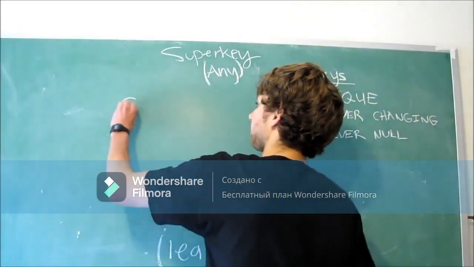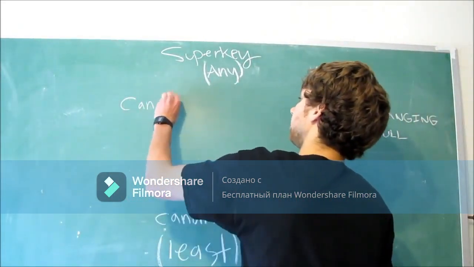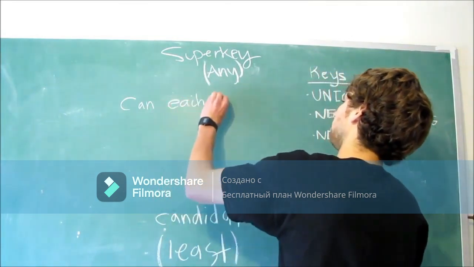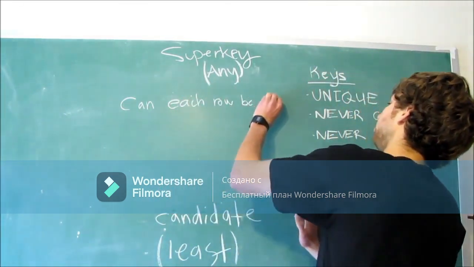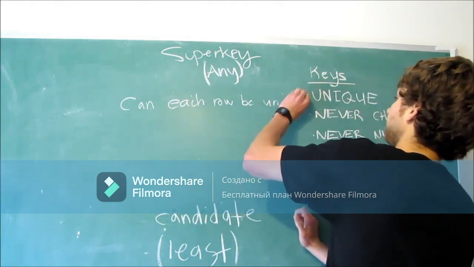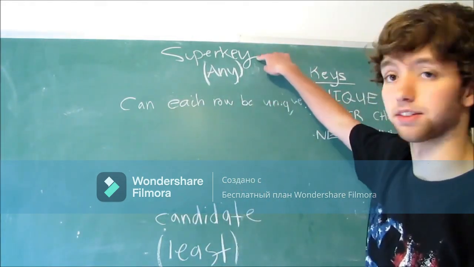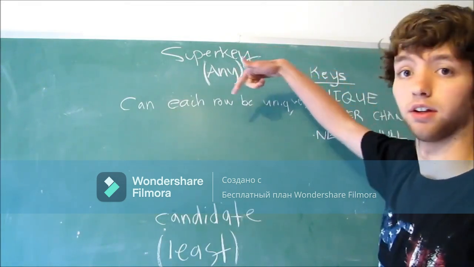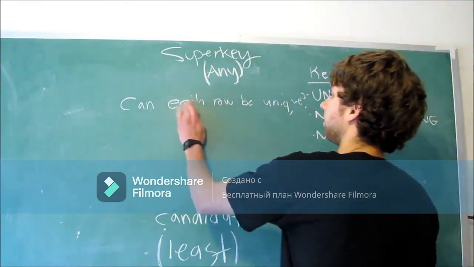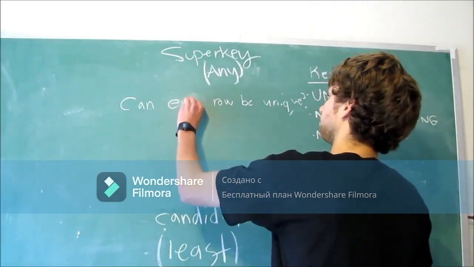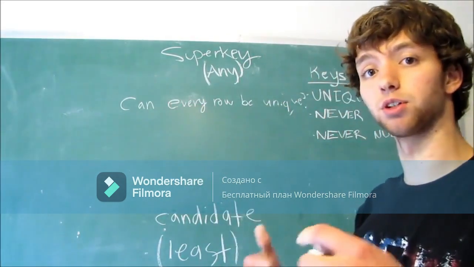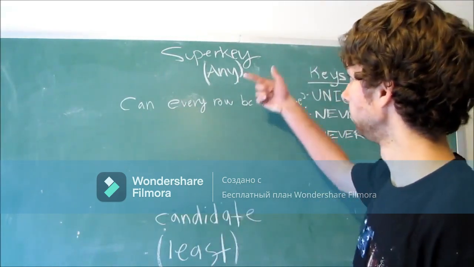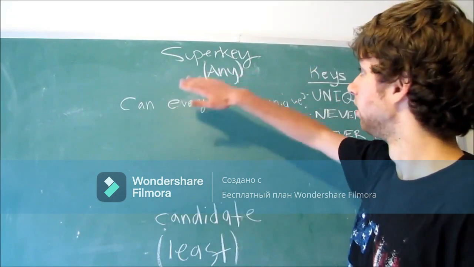So you ask, can each row be unique? That's the question. That's what the super key is questioning. Can each row be unique? And an even better wording, can every row be unique? Because every single row within a table has to be unique. That's what the super key is asking.